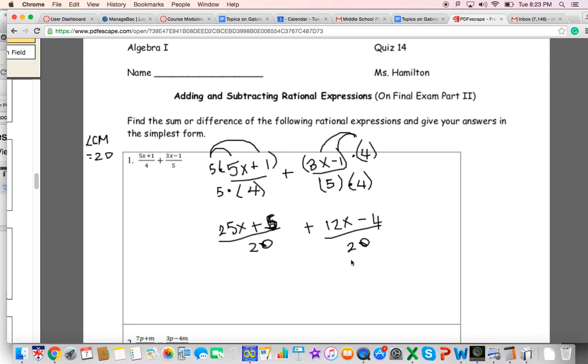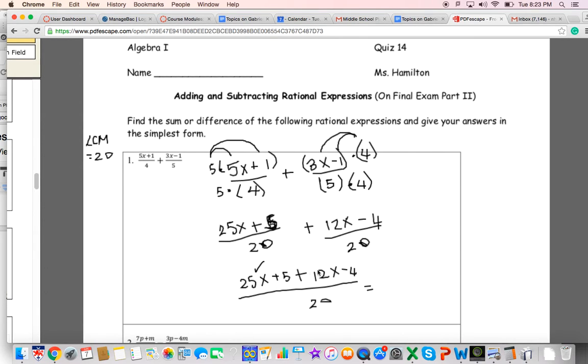Now that we have a common denominator, we can actually join our numerators. So we get 25x plus 5, and I'm just rewriting there, plus 12x minus 4 all over 20. And we can simplify that by joining like terms.